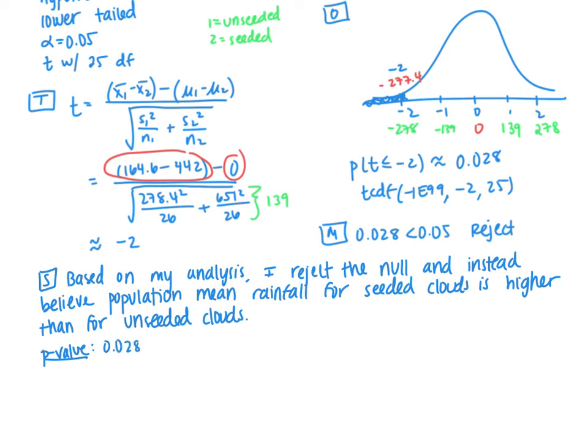So 0.028 is the probability of obtaining. Okay, in this case, our statistic, it's the red that I circled in the formula. It's the difference in sample means.